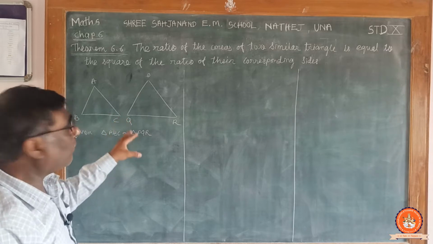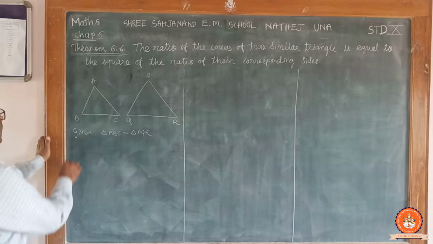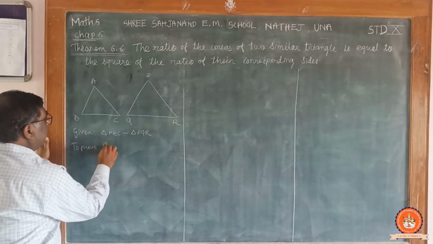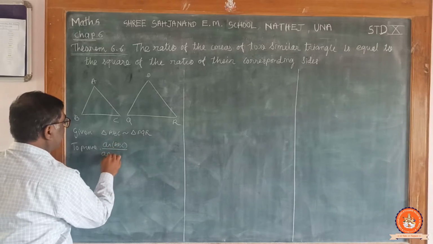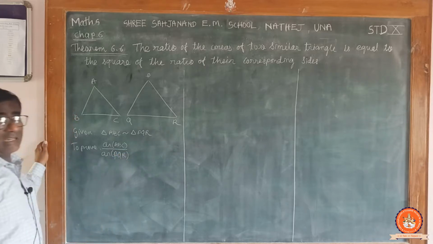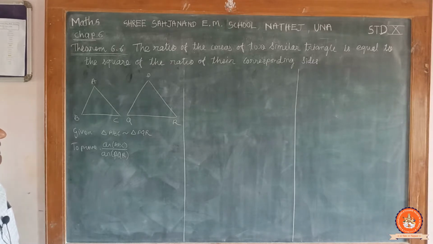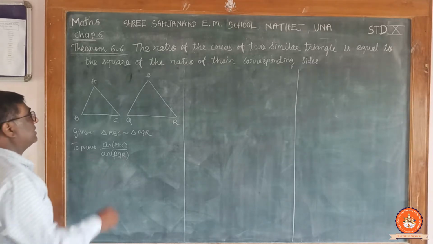Now we want to prove that the ratio of their areas, area of ABC upon area of PQR, is equal to the square of the ratio of their corresponding sides.